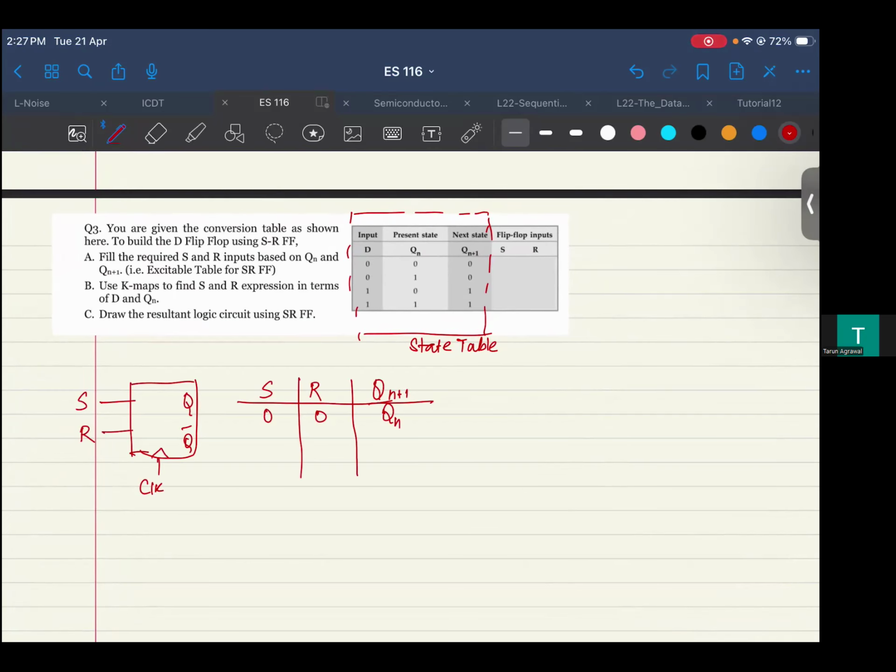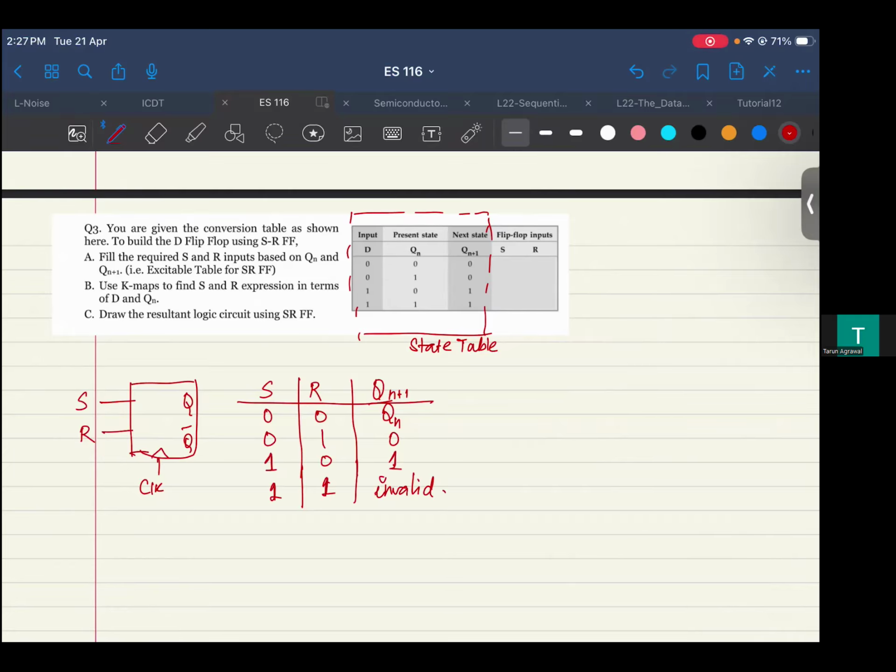If set is 0 and reset is 1, the output is 0. If set is 1 and reset is 0, the output is 1, irrespective of past state. And if both are 1, that is the invalid case, which we have seen in the latch also. So that is the truth table of this.